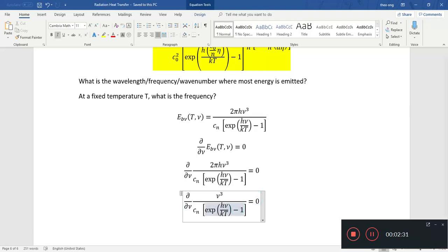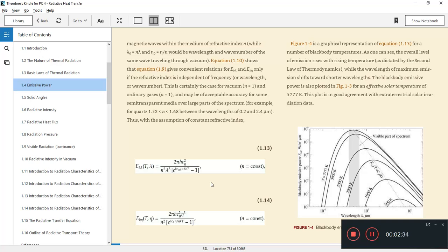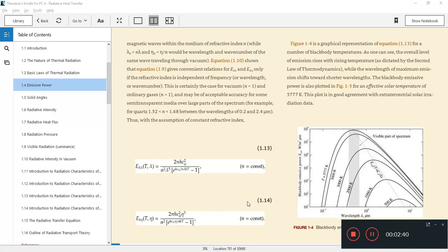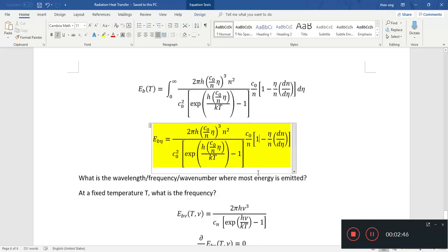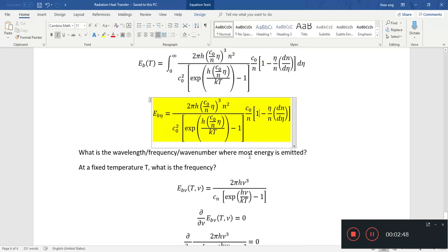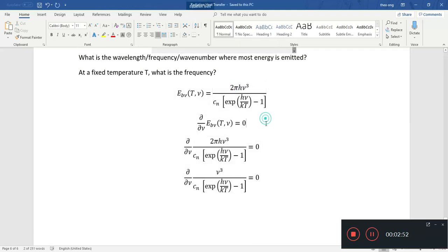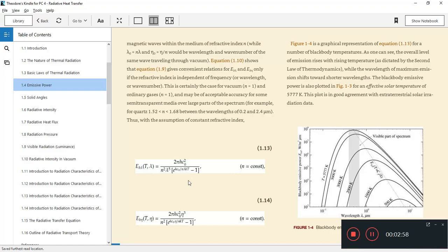Let's see how the textbook actually does it anyway. If we see the textbook, first of all, they take it a step further. So instead of having this expression as is, they're going to differentiate in a slightly different way.